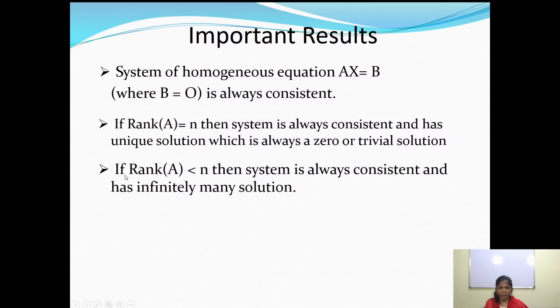The second possibility is, if the rank of A is less than n, then the system is always consistent and will have infinitely many solutions, and here the given set of vectors is linearly dependent. And when the given vectors are linearly dependent, there exists a relationship between them.